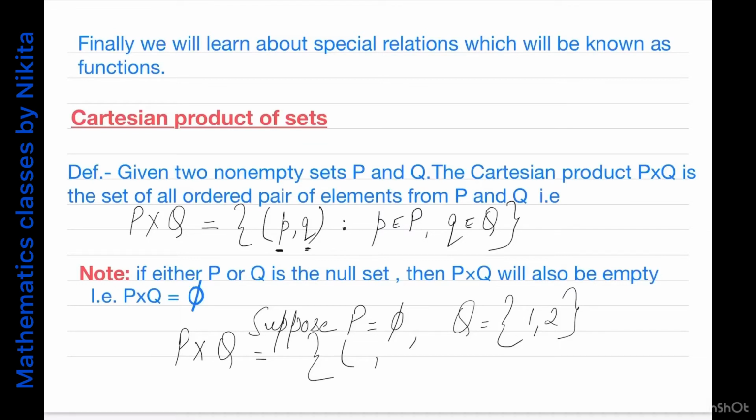So I cannot write the first coordinate, but I know how to write the second coordinate. But because I don't have a first coordinate, that means this set is an empty set. So it has no element. So if either P or Q is an empty set or the null set, then P cross Q is also an empty set. Okay, now let me give you one example.